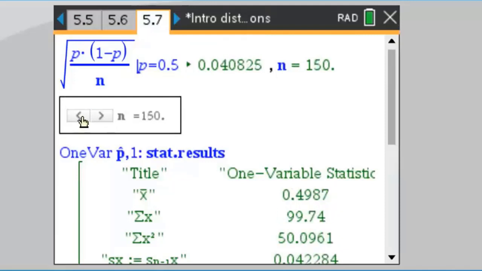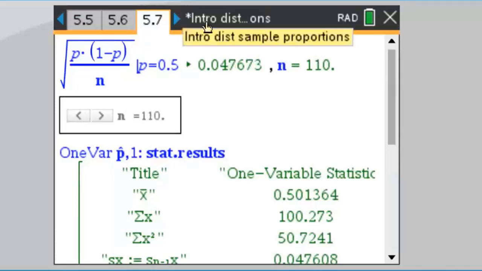So that's just basically a different representation. So they've got graphical, and they've got numeric representation of the same idea.